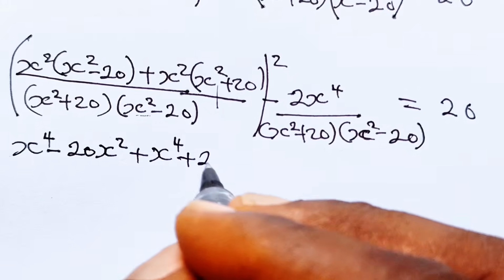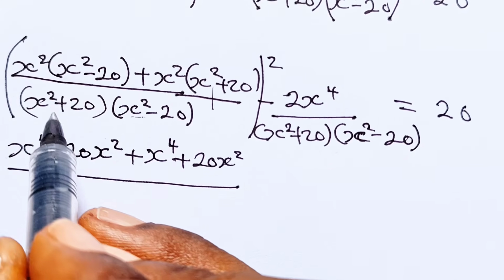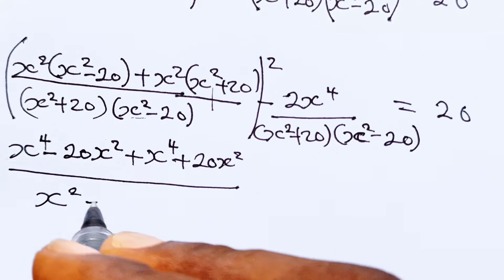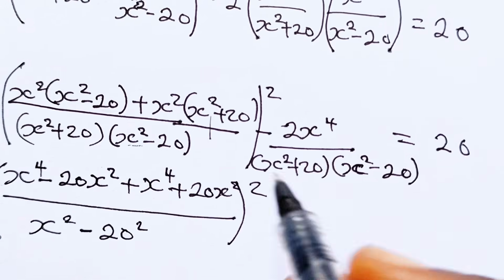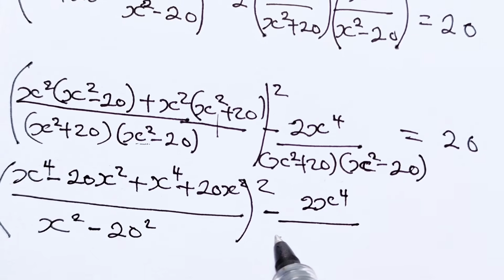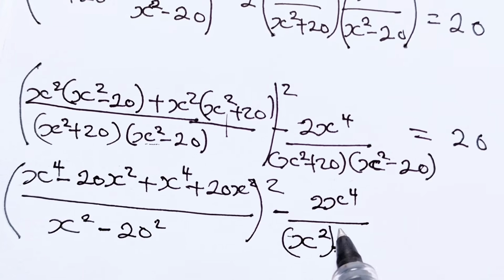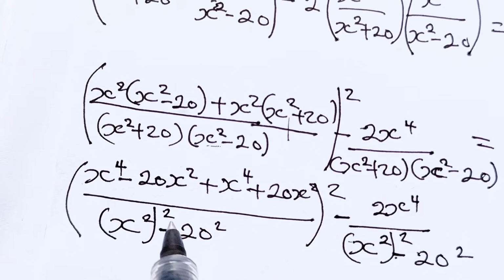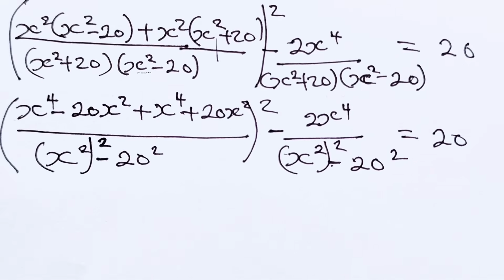This times this plus 20x squared, divided by, now remember that this can be written as x squared take away 20 squared using difference of two squares, and this is squared as well, minus 2x to the power of 4 divided by the same thing here, x squared minus 20 squared. So this one too is x squared minus 20 squared, is equal to 20.